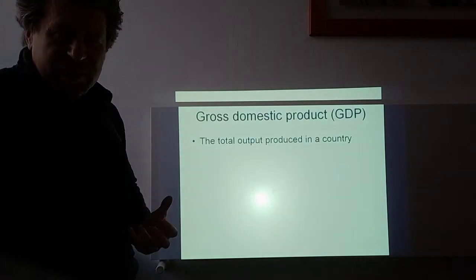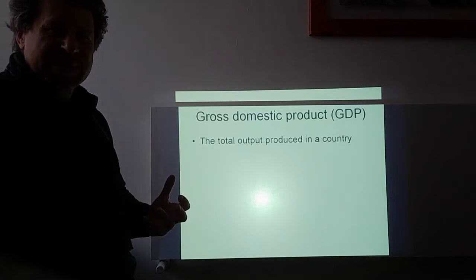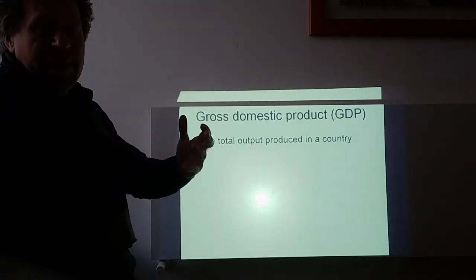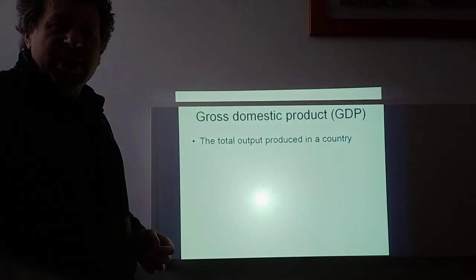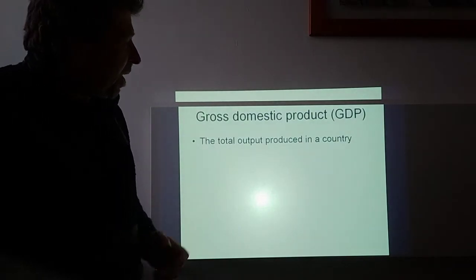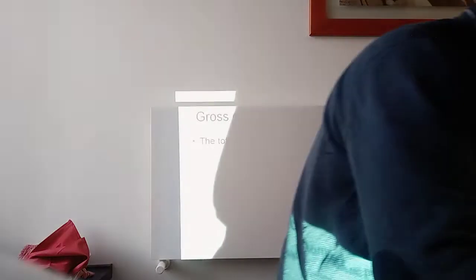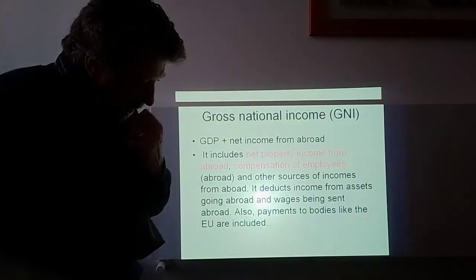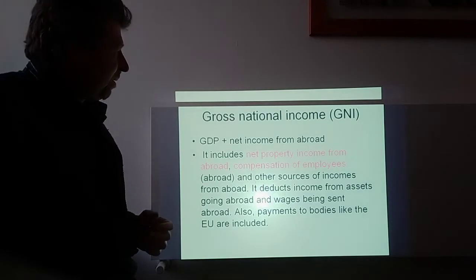Maybe it's increased by 2% or gone down by 2%. Then it's a disaster, we're in a crisis. Or with other countries, we can see how we're doing compared to other countries. But that's the most important indicator for the economy. In Italian, it's PIL.